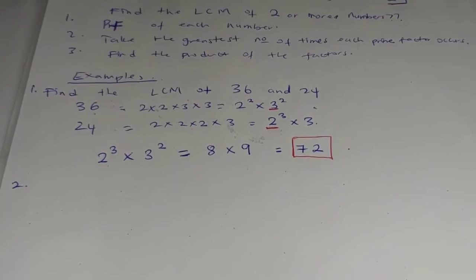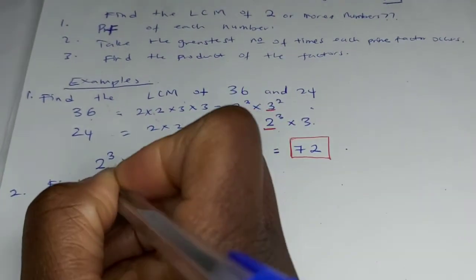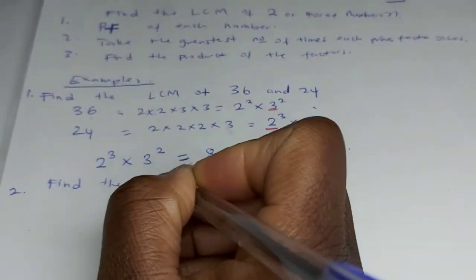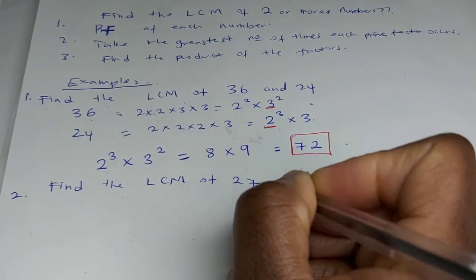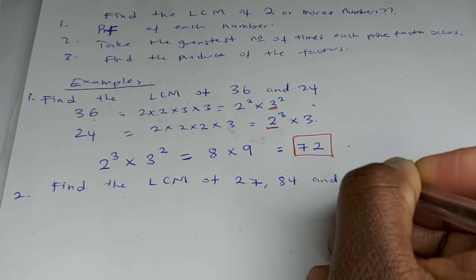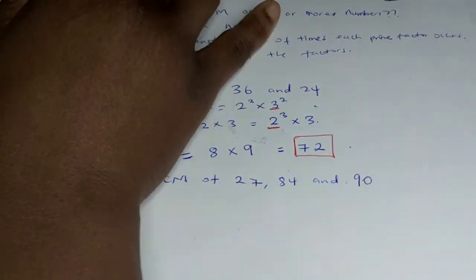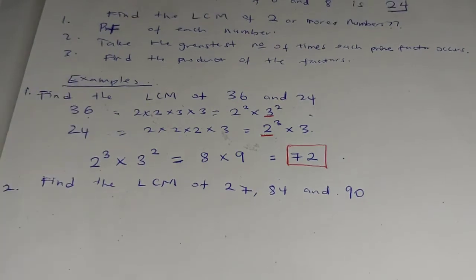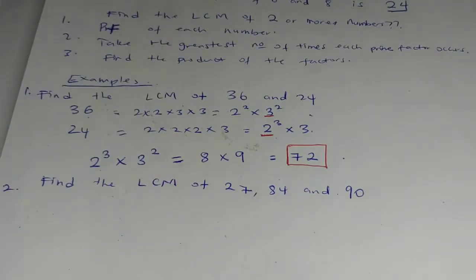Let's do another example. Find the LCM of 27, 84, and 90. The same approach: first of all, you find the prime factorization of each number.